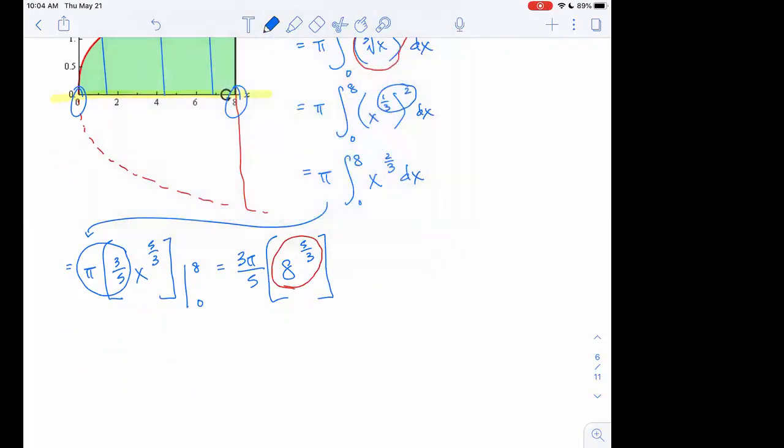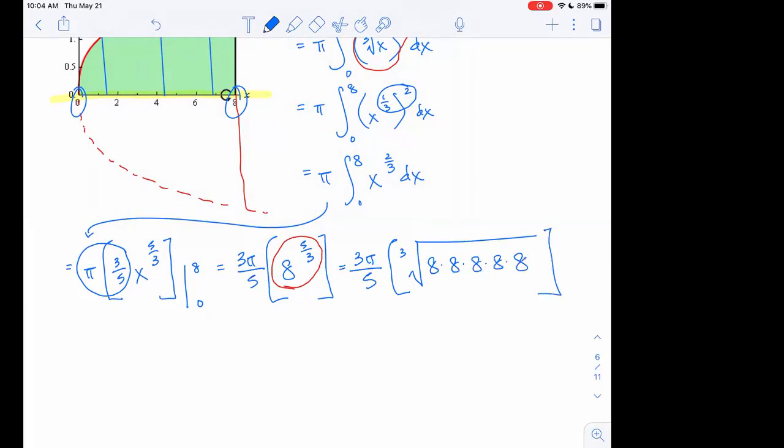That we know how to simplify that kind of expression. So if I were going to simplify that, I would rewrite it as a radical. So this is really the same as the cube root of 8 to the 5th.